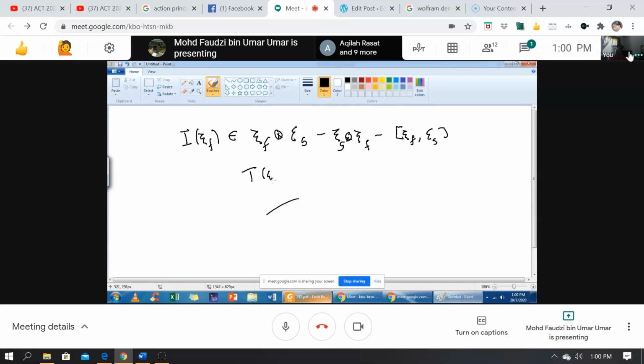We have a tensor F equal to 1 plus... and so on.